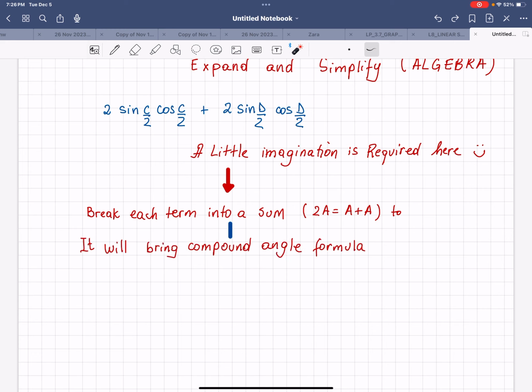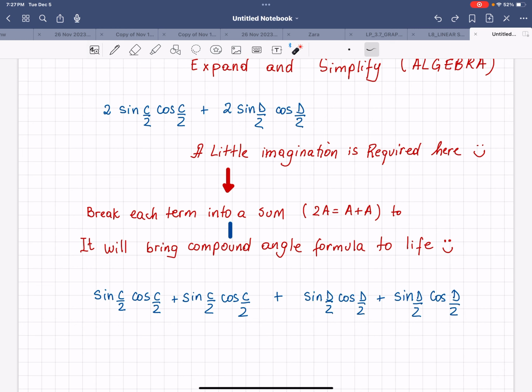And that will bring the compound angle formula to life. And I did this with the help of the left side. Even though I didn't work with the left side, I didn't simplify it. But I looked at the left side just to get an idea of what other shapes or what other faces the left side can look like so that I can compare or match what I have in here with the left side. So I break this down and I do the same thing for the other term.